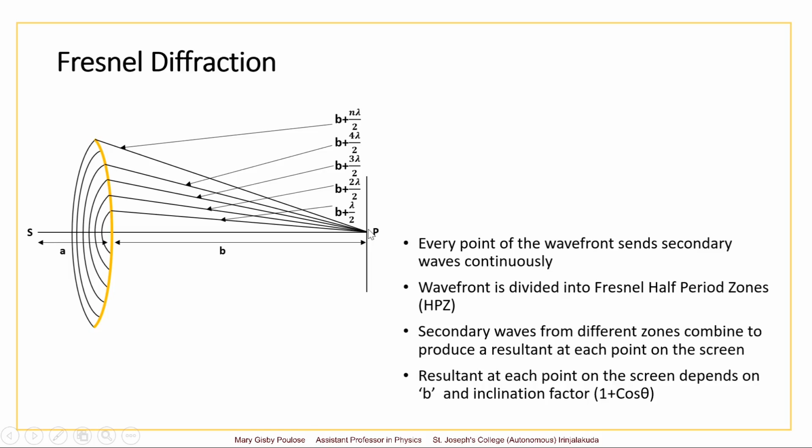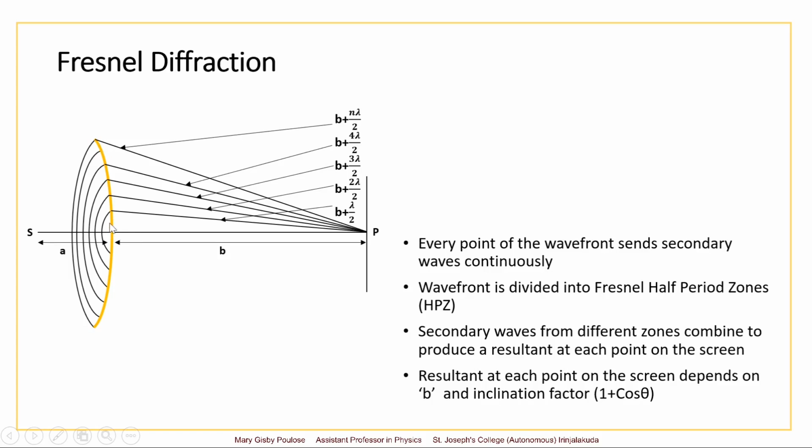Now, the fourth assumption is that the resultant at each point on the screen will depend on the distance b, and inclination factor 1 plus cos theta. Theta is the angle between the optic axis and the normal drawn for each zone.